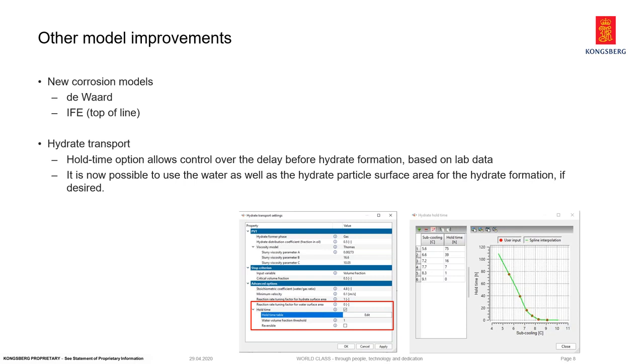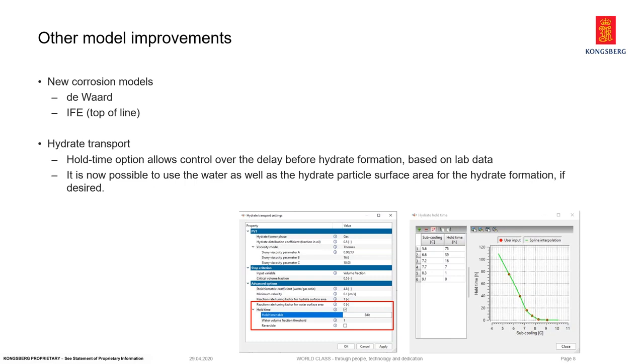And then finally, for hydrate transport, we now have some new advanced options there. So we have the hold time option, which allows you to control the delay before hydrate formation based on specialized lab data. That is the plot shown on the bottom right of the screen. So if you have this data for the hold time as a function of the subcooling, it's possible to enter this in the form of a table.